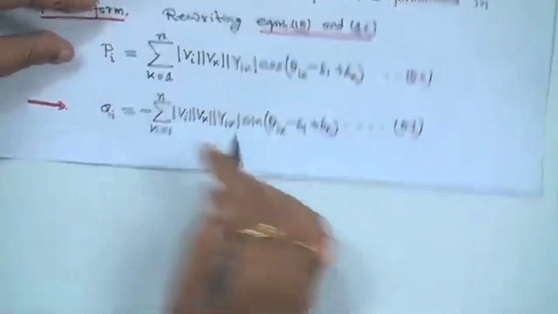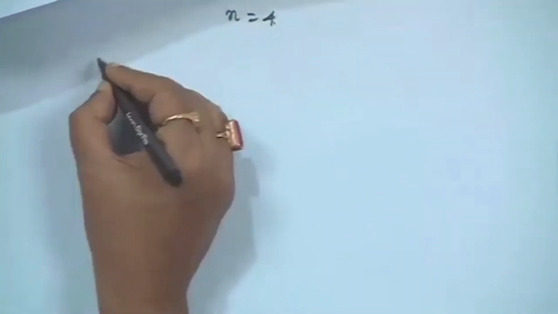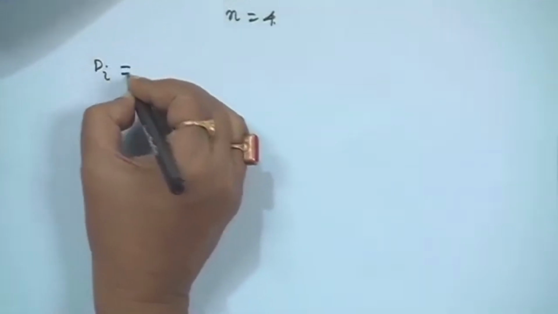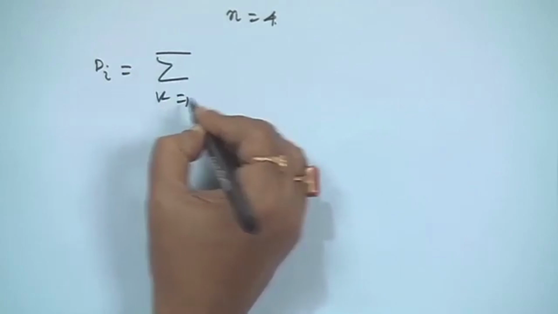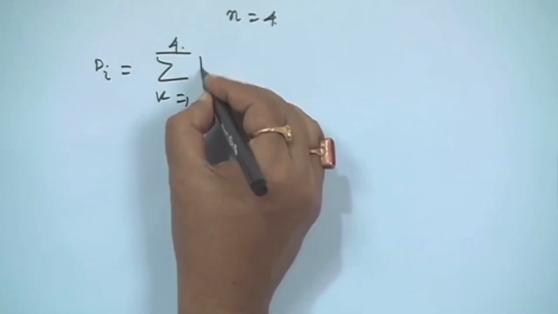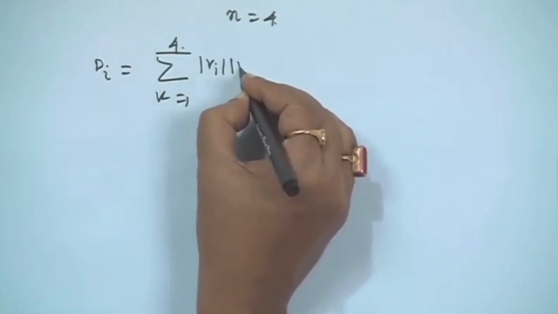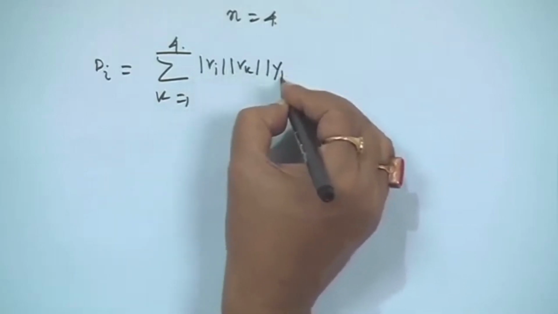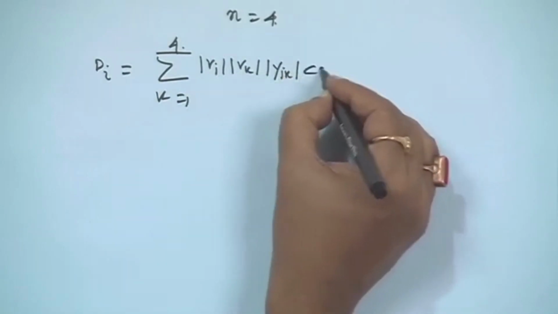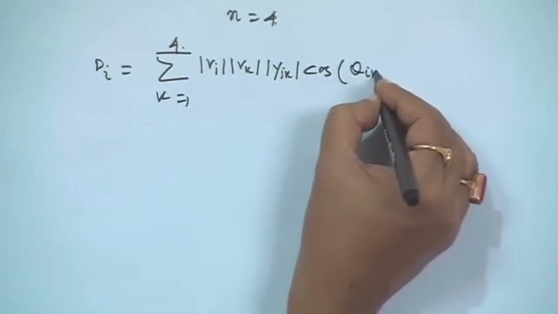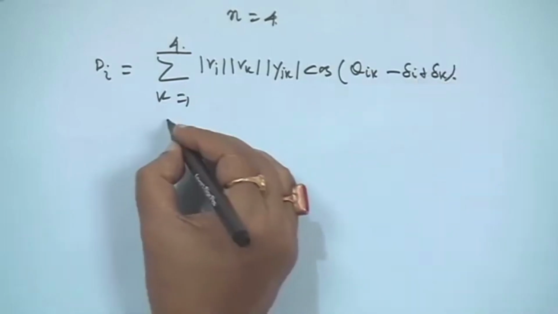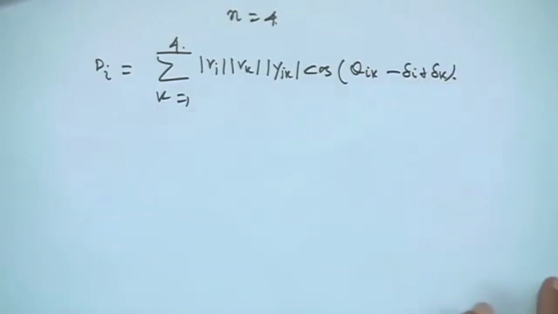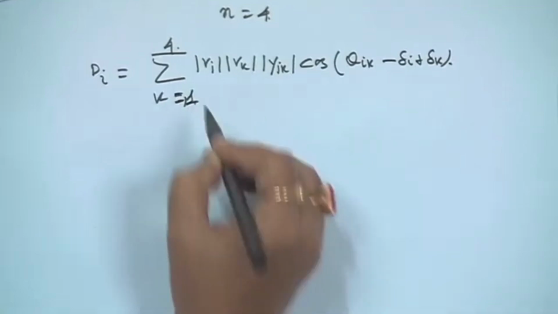This Pi equation we can write like this: Pi is equal to the sum over k is equal to 1 to 4 of Vi, Vk, Yik, cosine of theta ik minus delta i plus delta k, right. So, k is equal to 1 to 4.